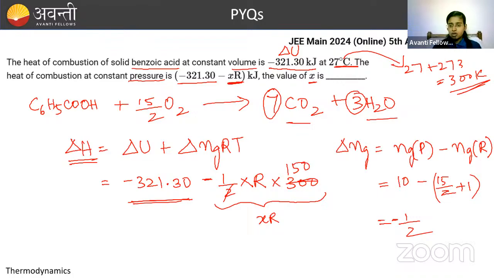So what is the value of X? Value of X is 150. So the final answer will be minus 321.30 minus 150 into R. So the X value is coming out to be 150. Okay. So the answer is 150 for this question.